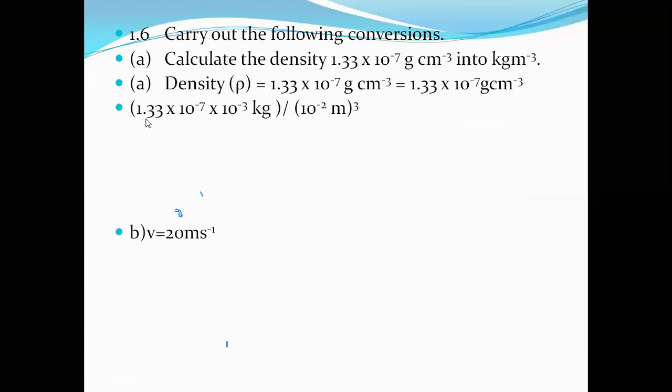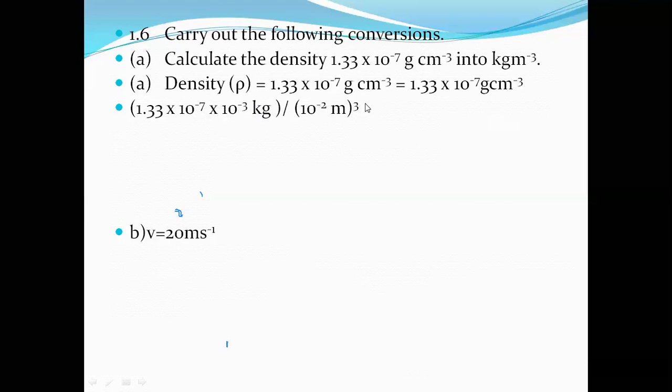This can be written as 1.33 into 10 to the power minus 7 into 10 to the power minus 3 kilogram. That means we have converted this gram into kilogram by dividing it by 1000. The 1000 can also be written as 10 to the power 3, so 10 to the power minus 3.